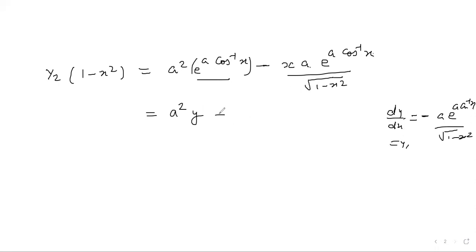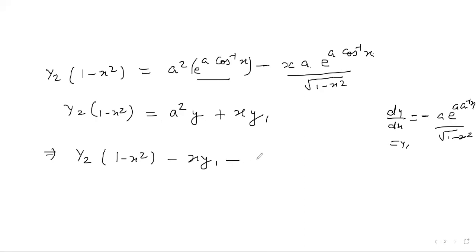So here we write plus x y1. So what we have got, y2 times 1 minus x square equal to a square y plus x y1, or we can rearrange it: y2 (1 minus x square) minus x y1 minus a square y equal to 0, which is our required result.